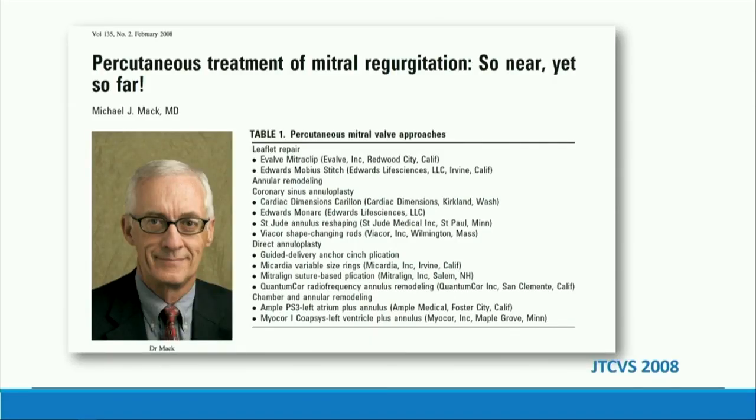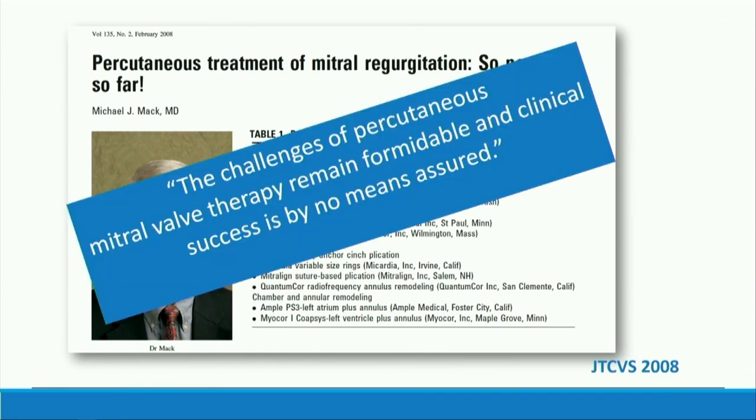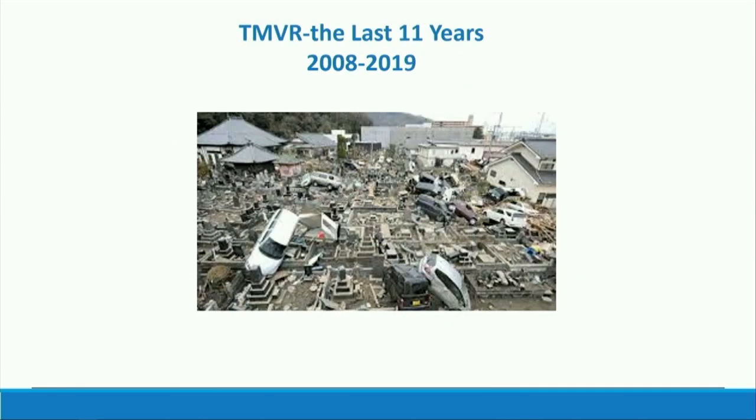So this is an editorial that I wrote for a surgical journal in 2008, looking at the field. My conclusion was the challenges of percutaneous mitral valve therapy remain formidable, and clinical success is by no means assured. And I think that still holds true in many ways 11 years later. I think you can look back at the last 11 years and it kind of looks like this.